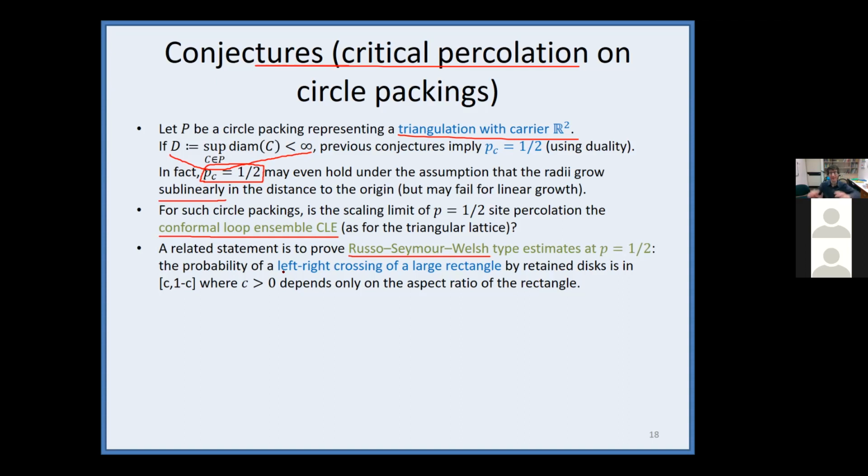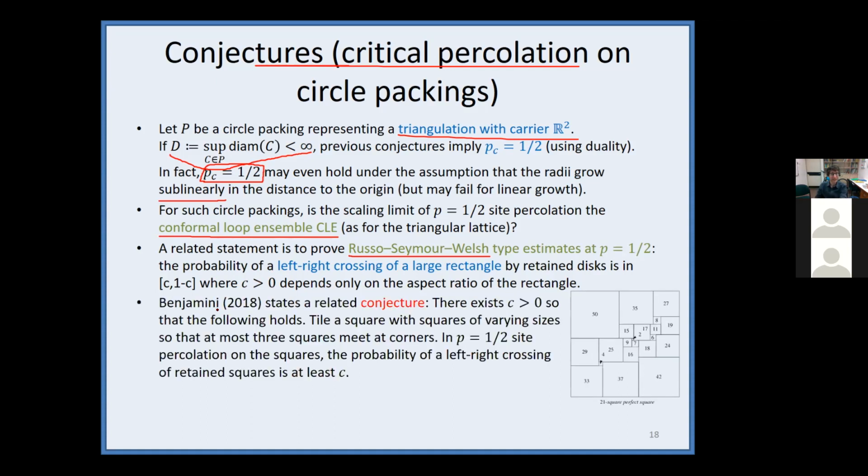This means that if you take a large rectangle and you look at the circles of your circle packing which are in this rectangle, so you take only part of your circle packing, and you consider the percolation on these circles, then you have some uniform chance of obtaining a left-right crossing of the large rectangle at p equal 1/2. Russo-Seymour-Welsh type estimates. So that's another conjecture, that at 1/2 you have such estimates.